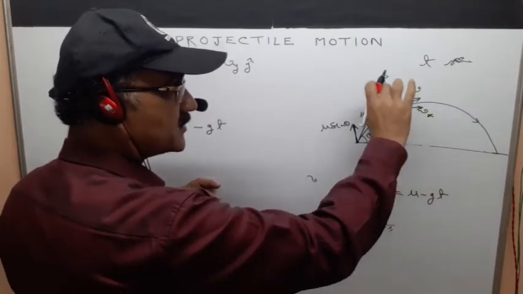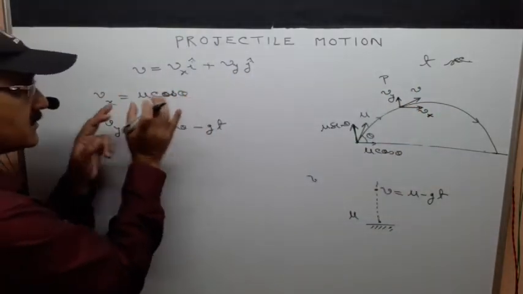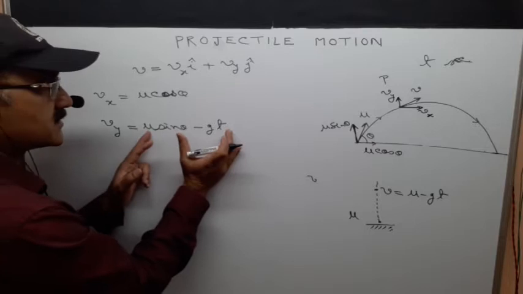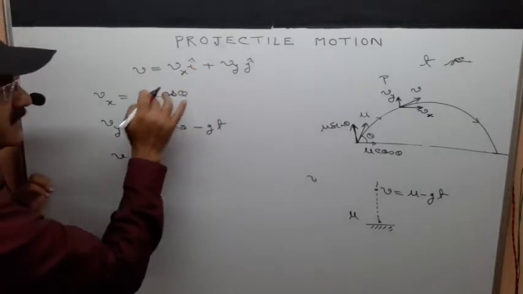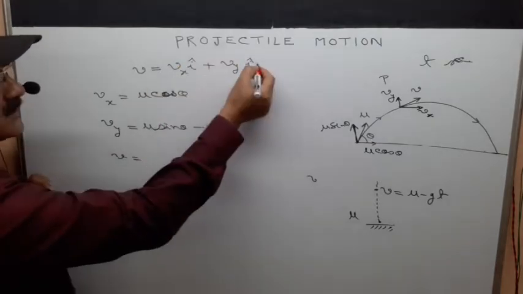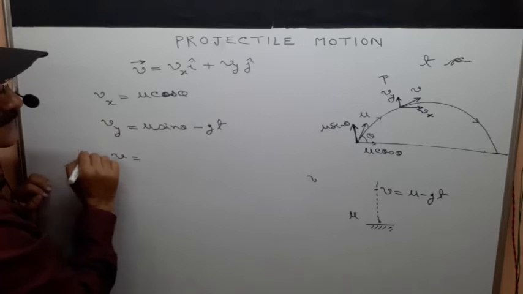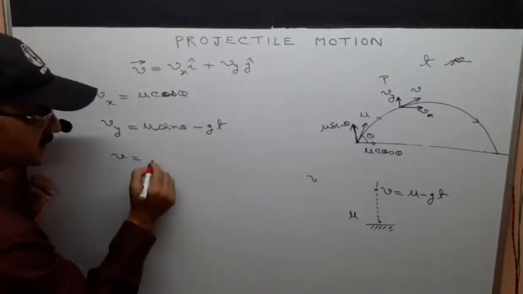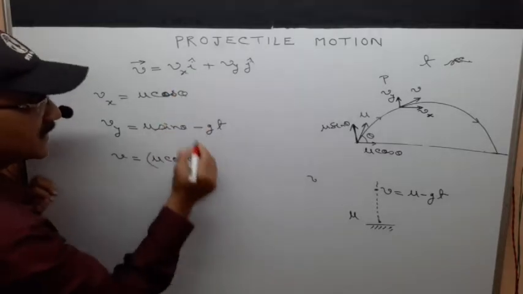So at this point, the velocity was v. We have made two components here. Vx we have found out to be this, Vy we found out to be this. So v will be this Vx. Now I had written it in vector form, so I should write it in vector form here also. So Vx is u cos theta, so u cos theta i cap.